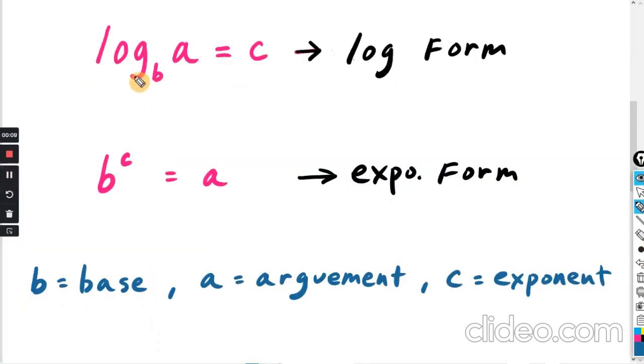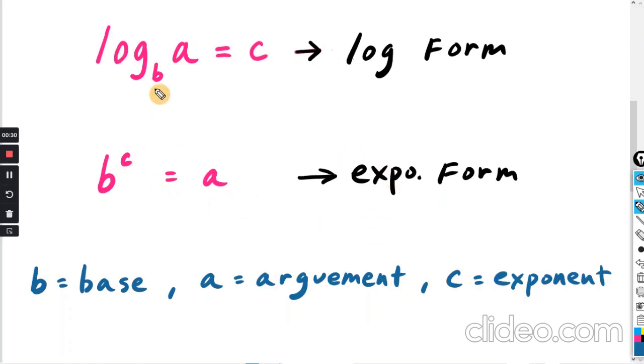So all of these problems will be given in this form, okay? This is considered logarithmic form, where B represents the base, A represents the argument, and C represents the exponent, okay? And you're going to have to translate this into this form here, which is exponential form.